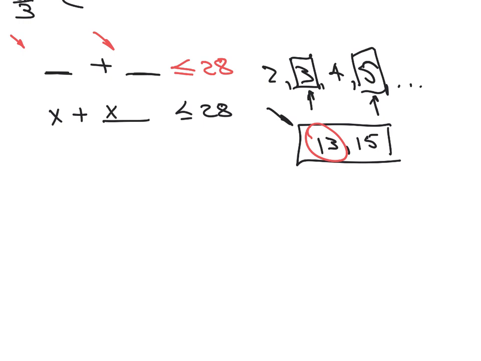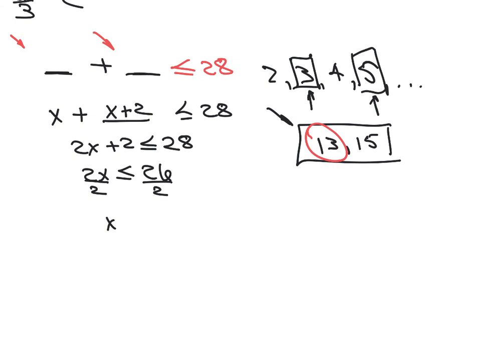Also 2. Now, I'm going to subtract 2 from both sides. Notice I subtracted. I didn't divide or multiply, so I didn't have to change the sign. Divide by 2. We're dividing by a positive, so that's how we got 13.